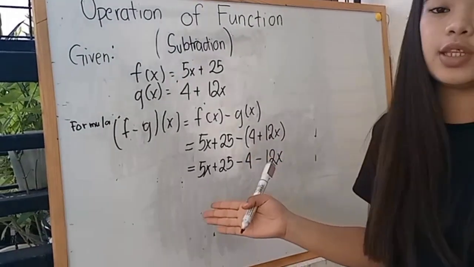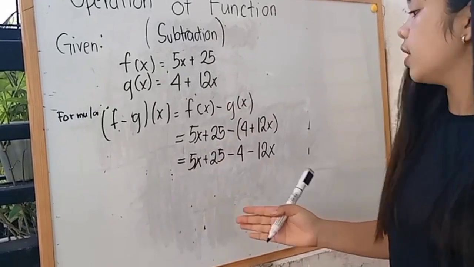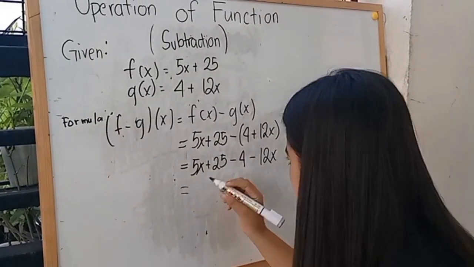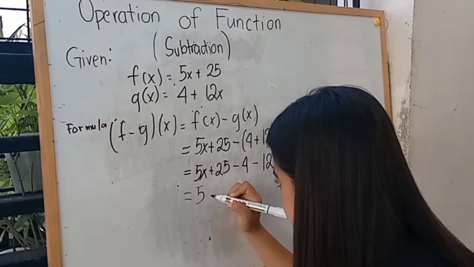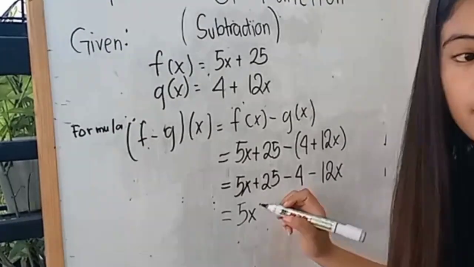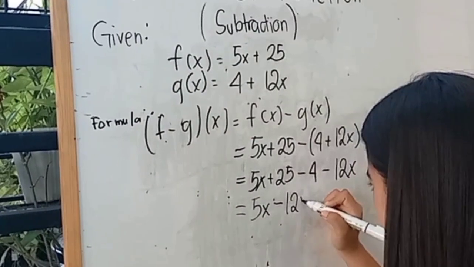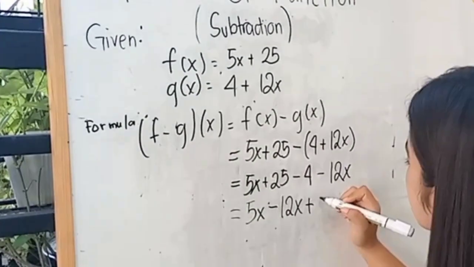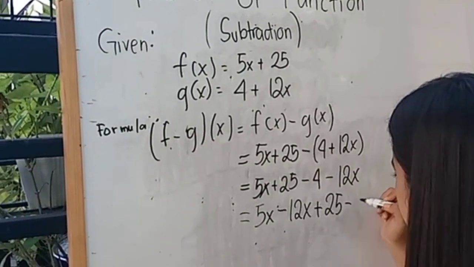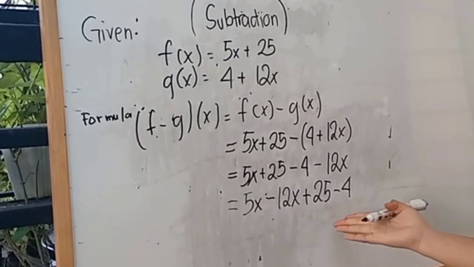Next we need to combine like terms. So we have the 5x minus 12x plus 25 minus 4. Those are the like terms.